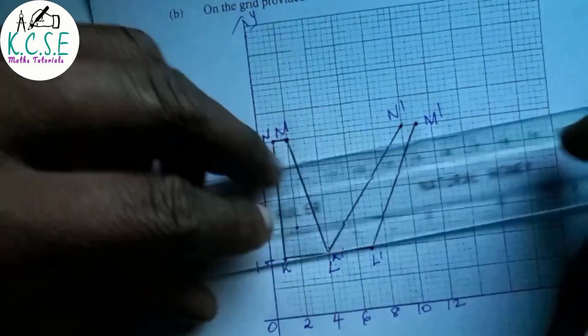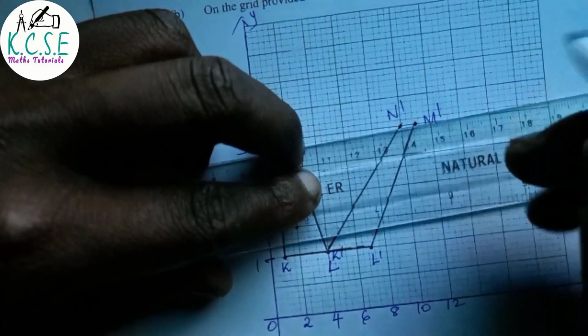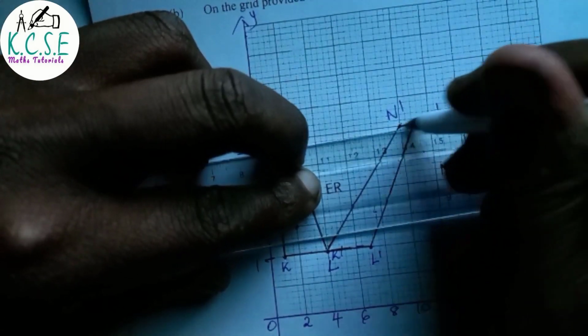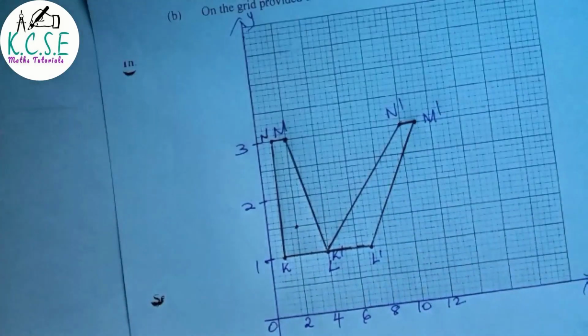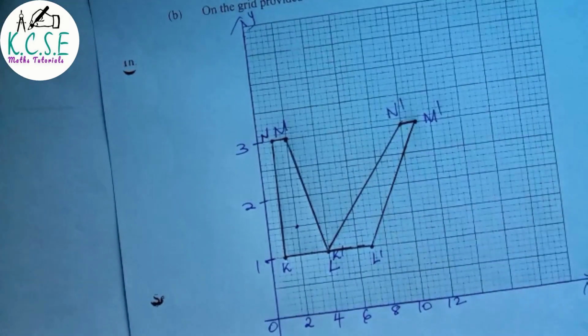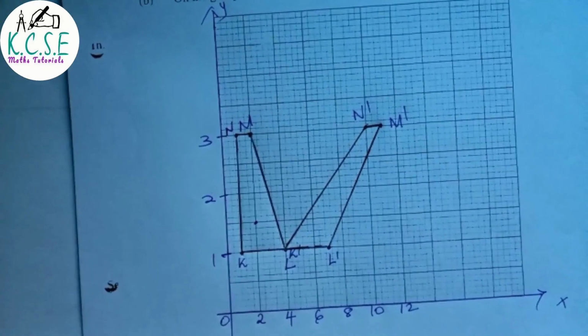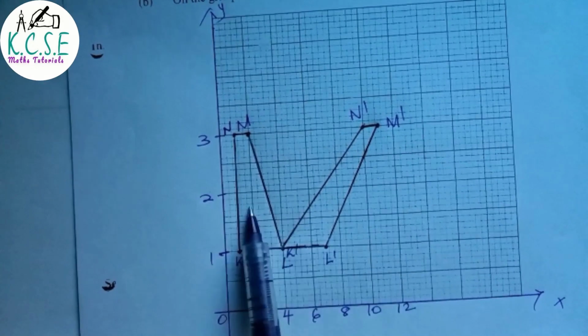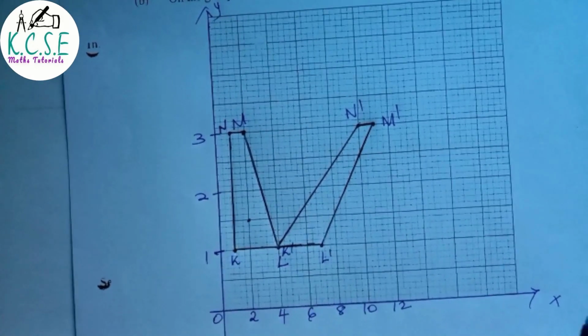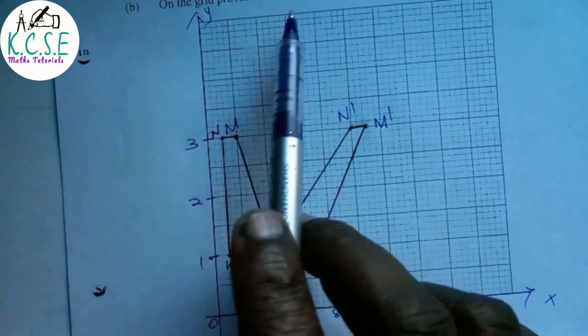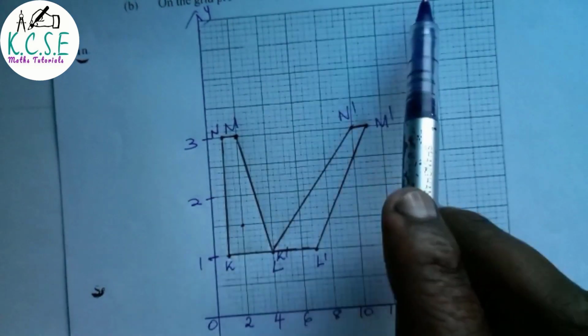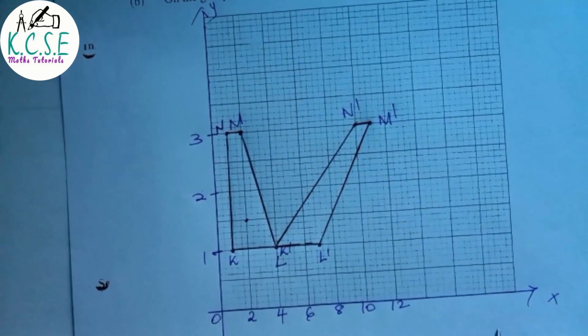So that is how I join them. So now you have the object and the image. You have plotted the object and the image. So we can proceed to the other part of the question.